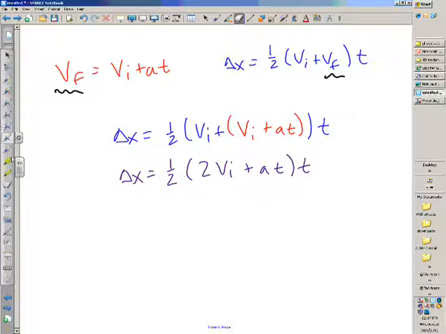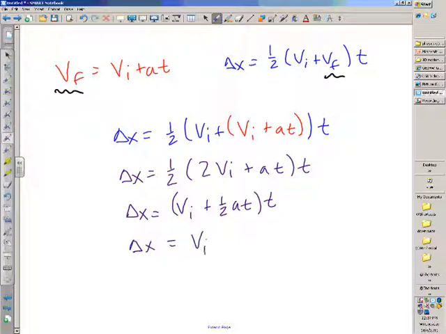Okay. Then I'm going to distribute out the 1/2 first. So 1/2 times 2 VI just gives me VI plus 1/2 AT, T still on the outside. Now I'm going to distribute that T through, and I'll end up with delta x equals VIT plus 1/2 AT squared.